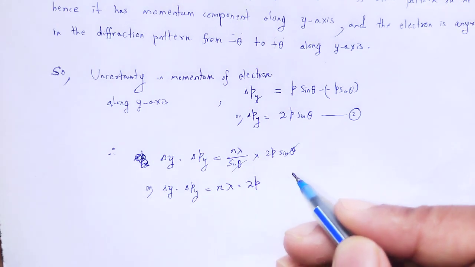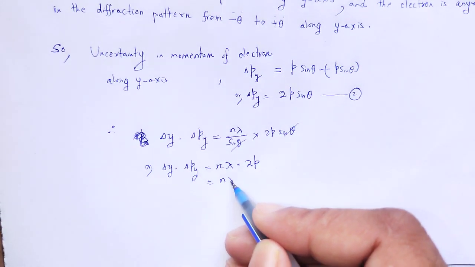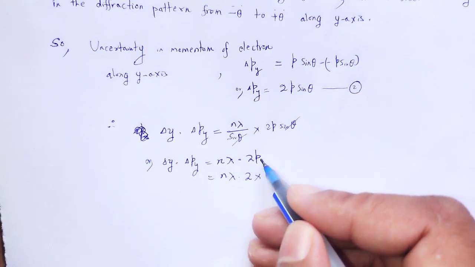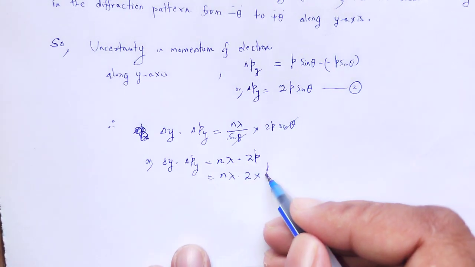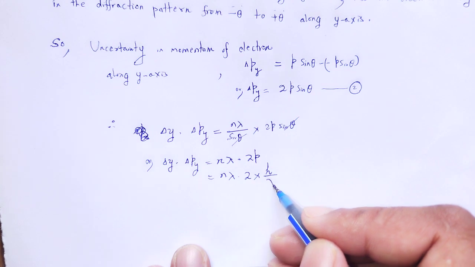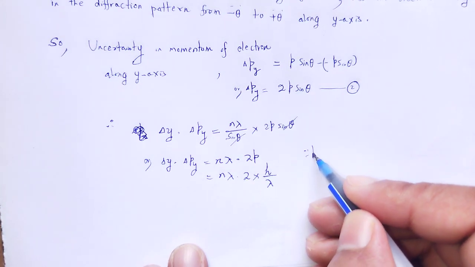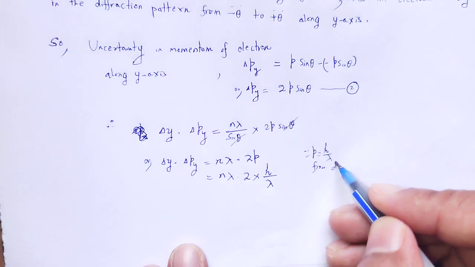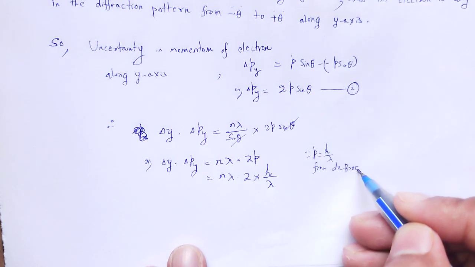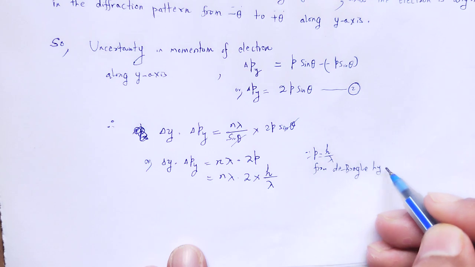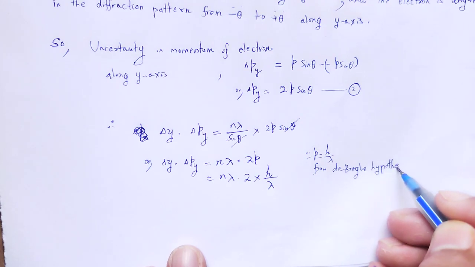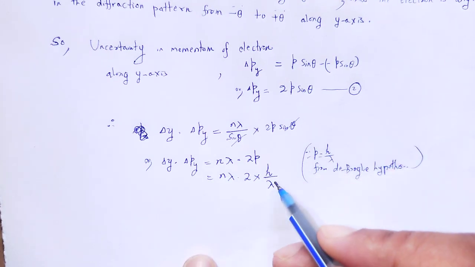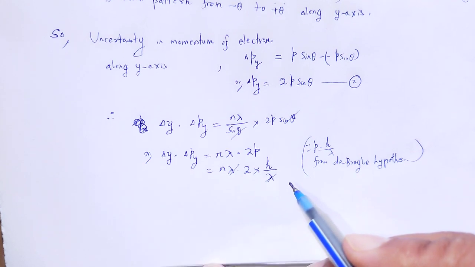From the de Broglie hypothesis, p is equal to h by lambda. So lambda cancels out.